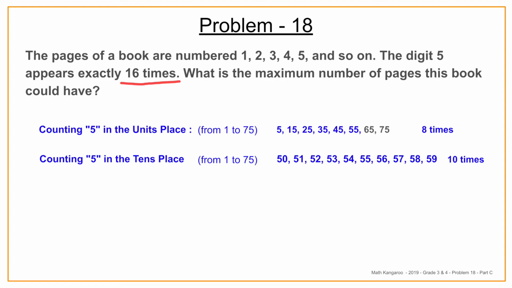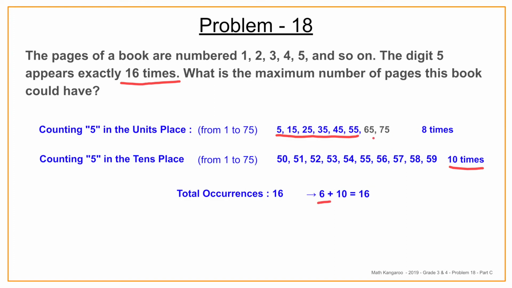Now we know it is 16 times. So what we can do, we can take 10 times from here and 6 times from here. So 16 occurrences would be 6 plus 10 is equal to 16.